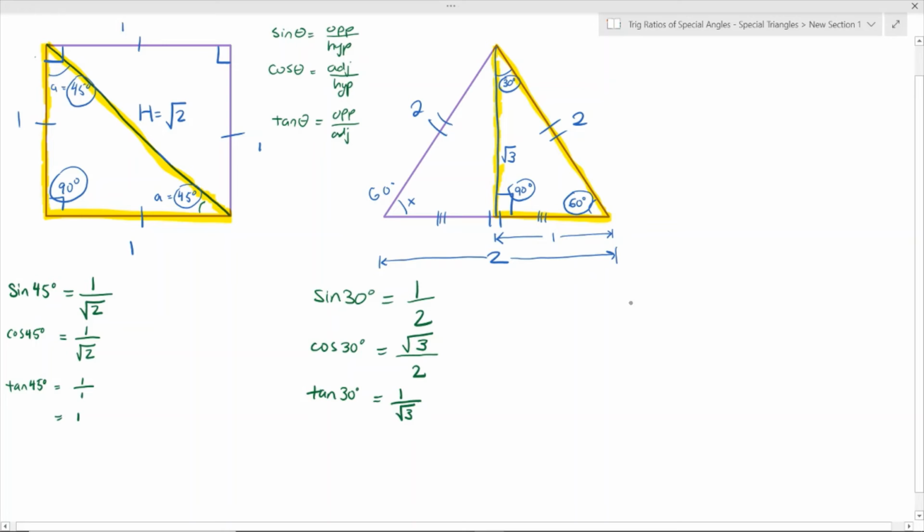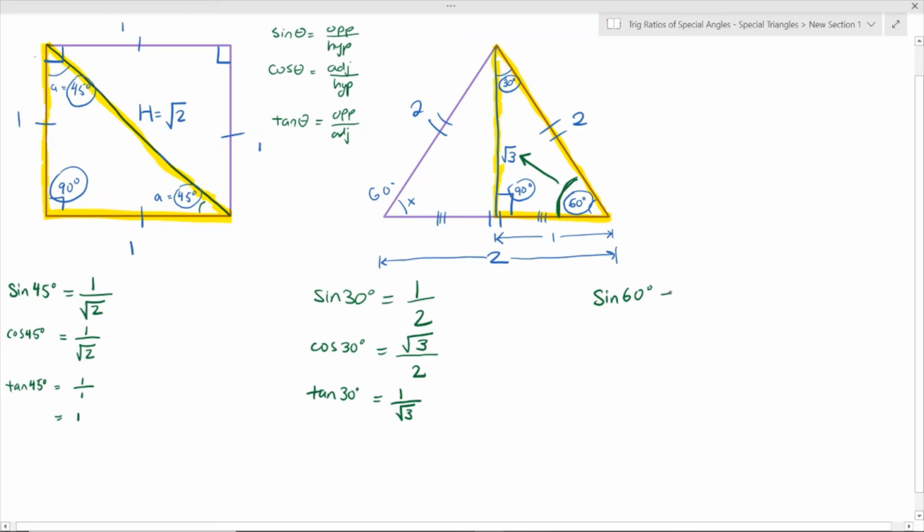Now, how about for 60 degrees? We need to find sine 60 degrees. For sine 60 degrees, we need to look at the opposite side, and in this case we're looking at this other angle instead, and opposite to that is square root of 3.